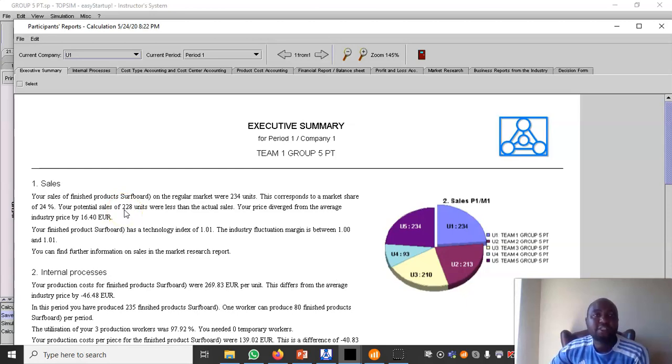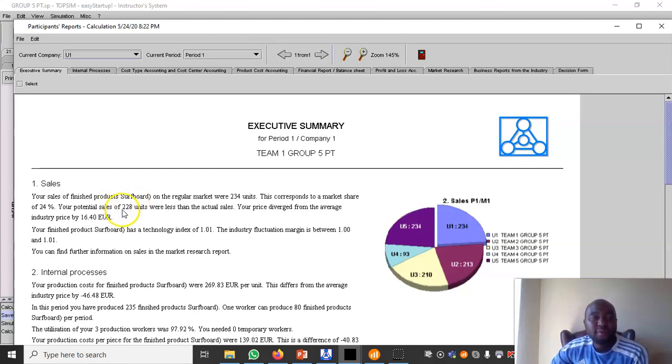In business, you estimate your sales for the future using your past sales history. In this case, you will use the sales demand for period one to estimate the sales for the next period, which is period two. If you look at the news for period two, it informs you that there's a 20% growth in the market.